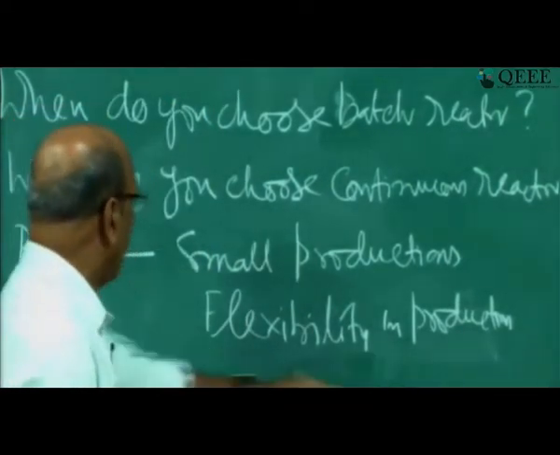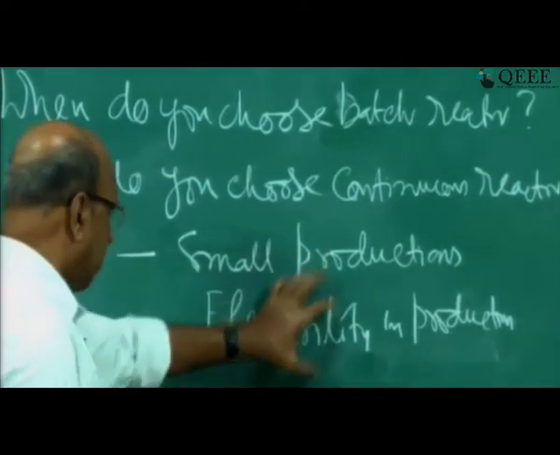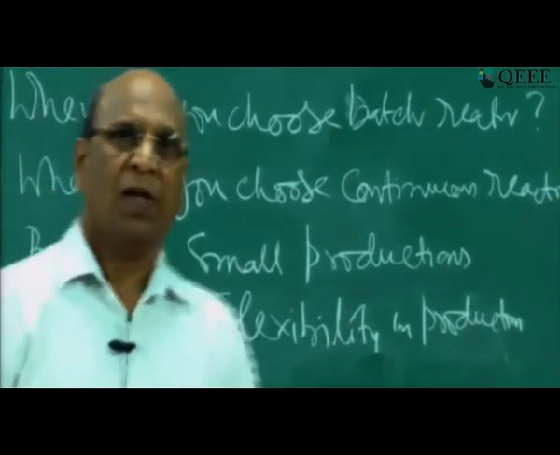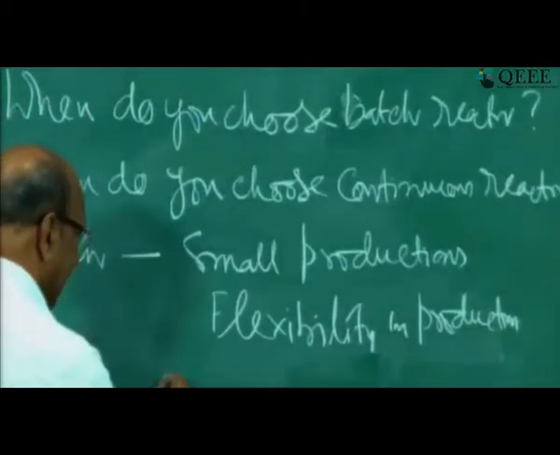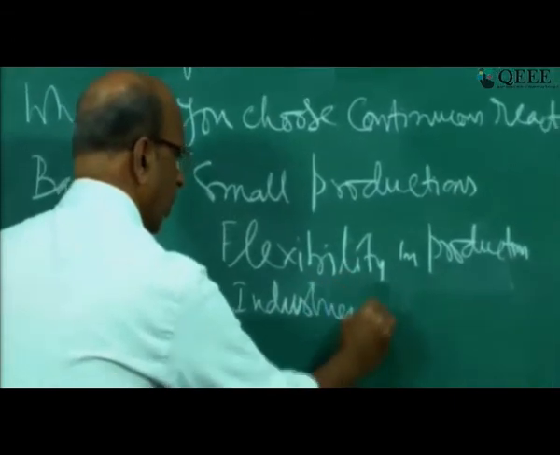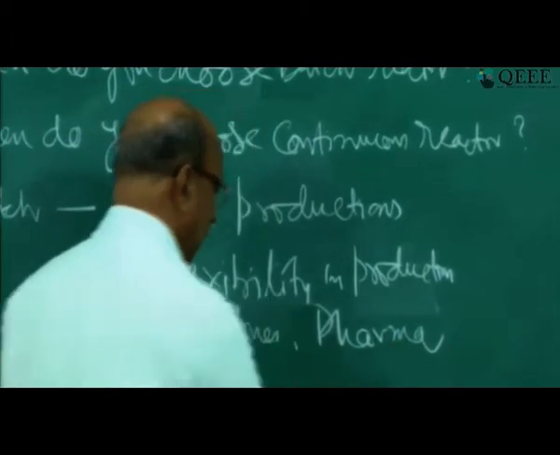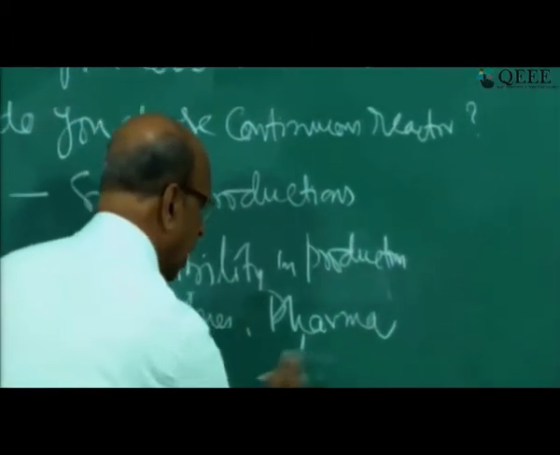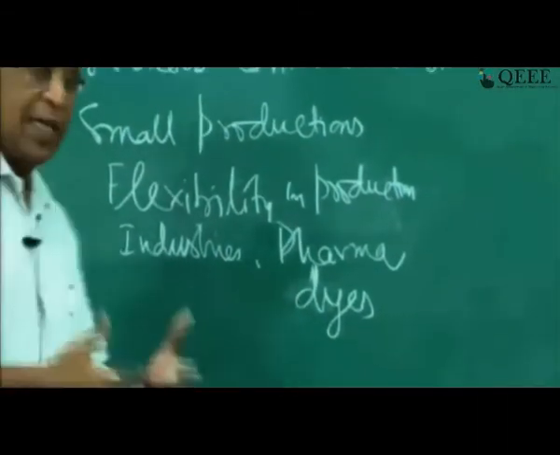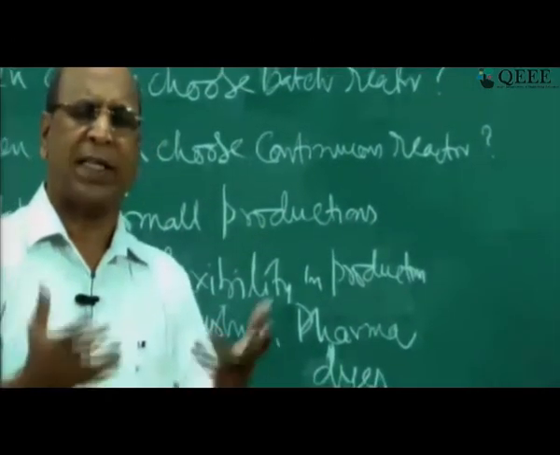Okay, good. So you have small productions and flexibility. Now, based on these two reasons, what are the industries that use batch reactors? Normally pharmaceuticals, drugs, and dyes, because in dyes also, today many people may be interested in red dyes.